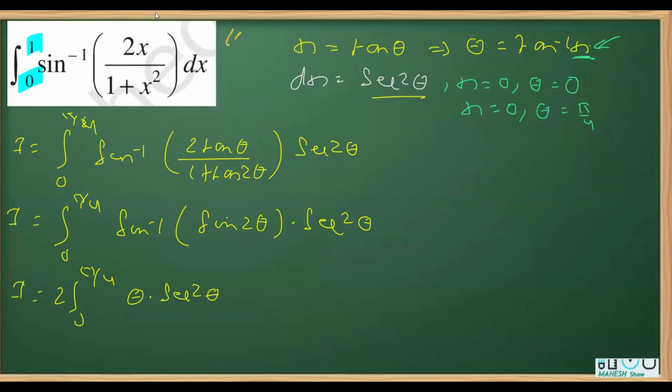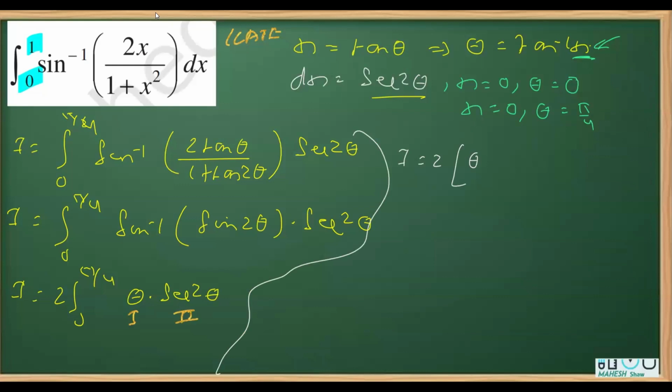Now applying integration by parts, we will take the trigonometric function before the algebraic one. So this is going to be the second function, and we'll apply by parts here. I is equal to 2 times the bracket: first function, then integration of second function.